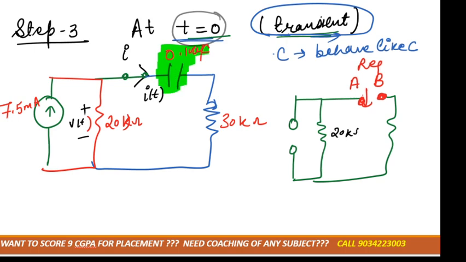This was 20 kilo ohm, this was 30 kilo ohm. So just imagine that you are standing at A position and you have to move to B position. Okay, these are your friends. If two of your friends are in the same path, that means they are connected in series. If two of your friends are at different paths, that means they are connected in parallel.